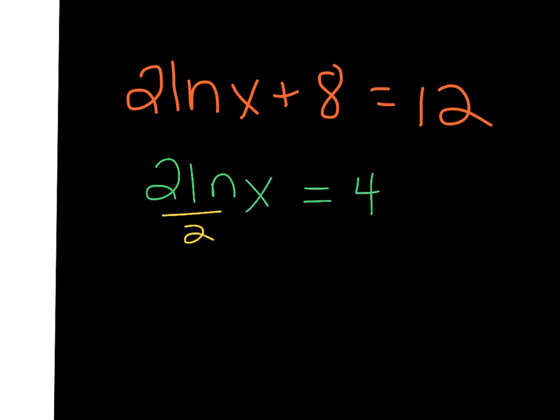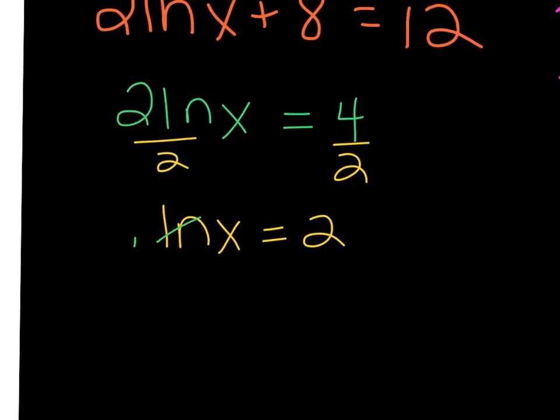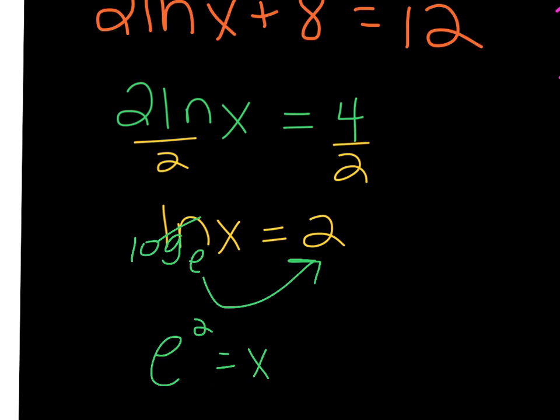Divide both sides by 2. And then convert ln into log base e and get that into exponential. So e to the second equals x. If this was not on the calculator portion, that's as far as you'd go. You'd leave it as e to the second. If it was on the calculator portion, then you'd continue to figure that out, which is 7.389.